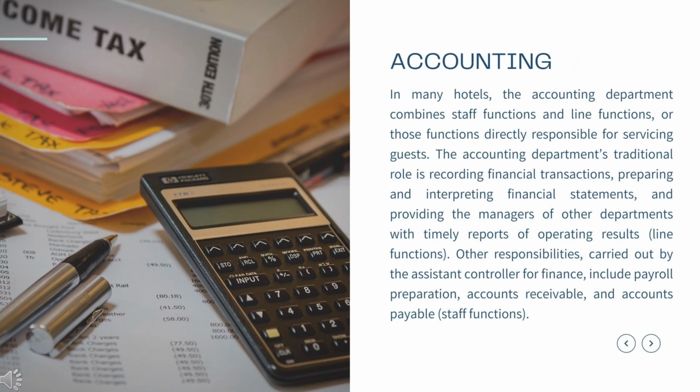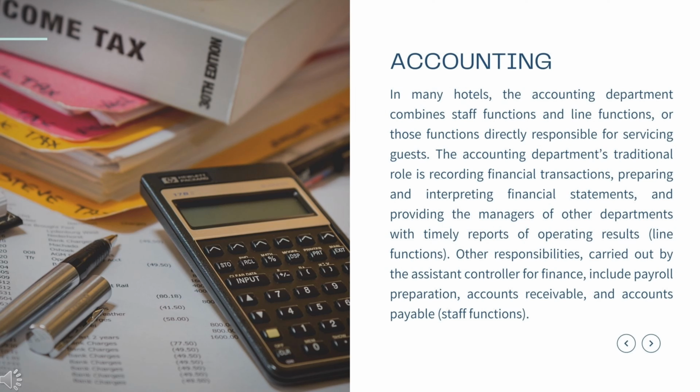Another department is the accounting department. In many hotels, the accounting department combines staff functions and line functions, or those functions directly responsible for servicing guests. The accounting department's traditional role is recording financial transactions, preparing and interpreting financial statements, and providing the managers of other departments with timely reports of operating results.